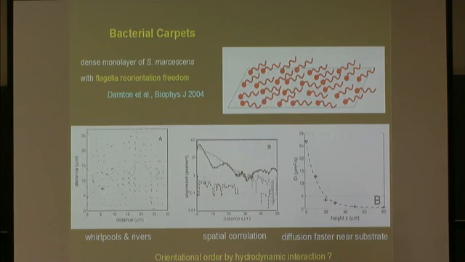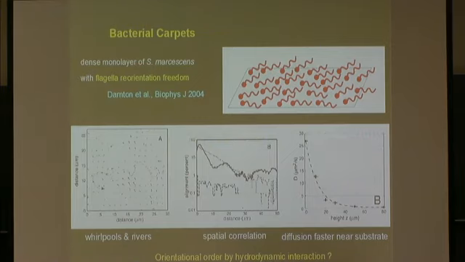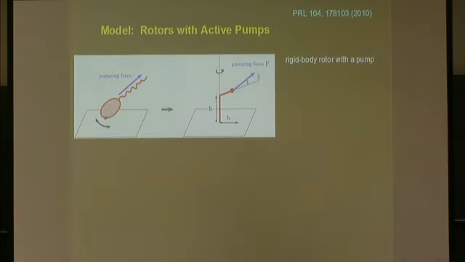This flow pattern suggests that the orientational order of the flagella is induced by long-range hydrodynamic interaction because there is no direct communication between the flagella. So we model this situation by a very simple model. We replace the flagellum by a rigid-body rotor with a bead at the tip of a thin arm of radius b and height h from the substrate.